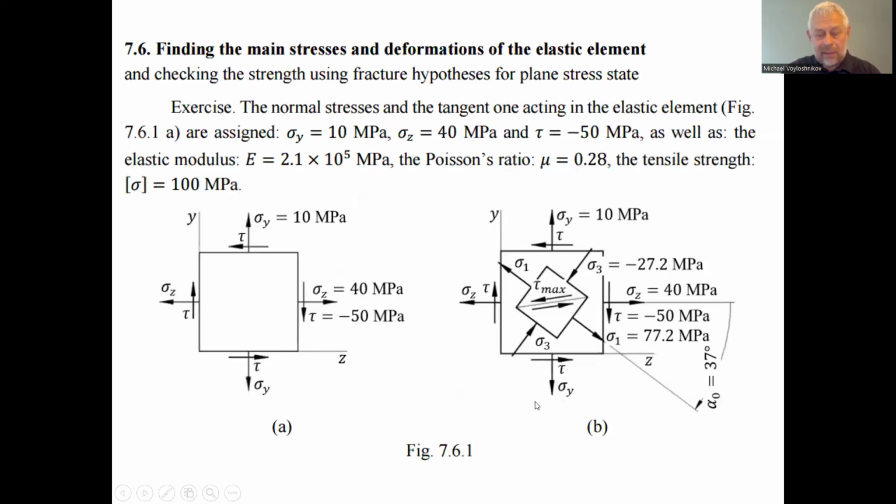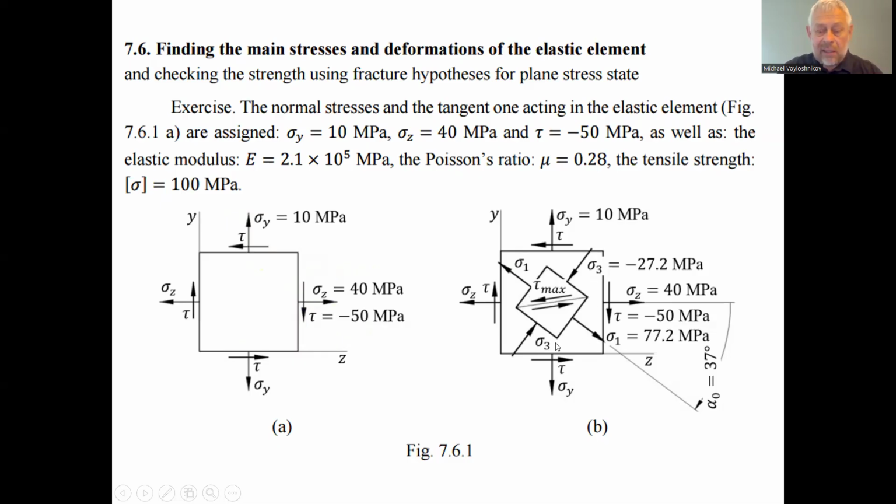And we can define the angular inclination of the side of the segment of the mechanical body under the flat stress state, inclined by pi divided by 4, so it is 45 degrees, to the direction of the main stresses, at which the tangential stresses parallel to the sides of the inclined segment will be equal to 0.